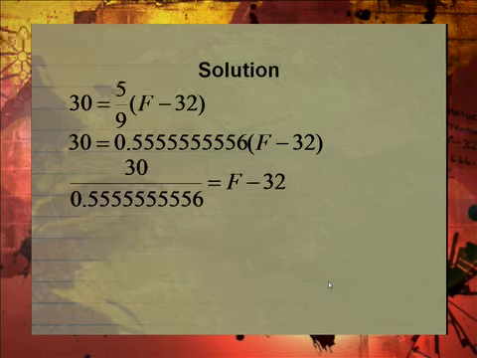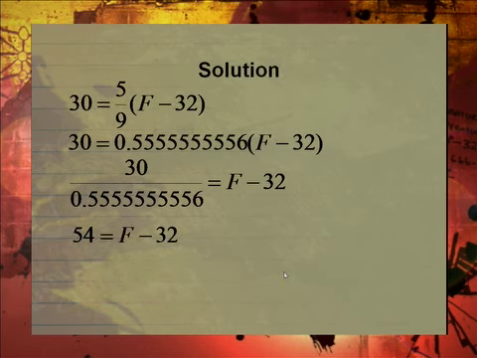I divided this number on both sides. Again, use a calculator, 30 divided by everything. Work out your left-hand side. I'm not worried about my right-hand side now because it looks complicated. I want to simplify it first.